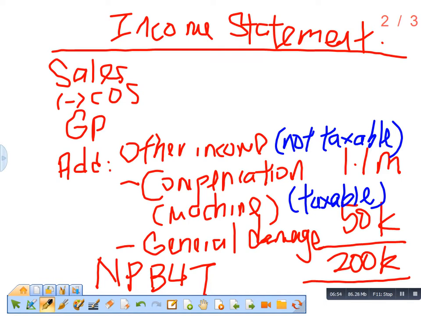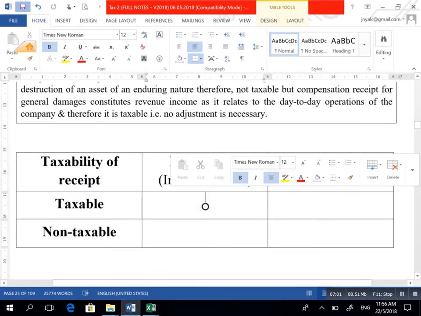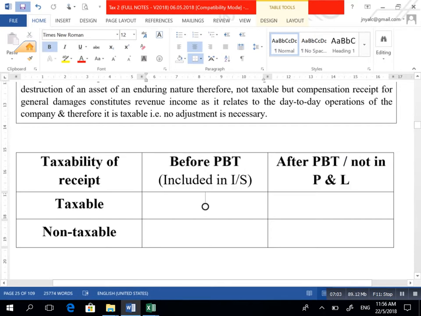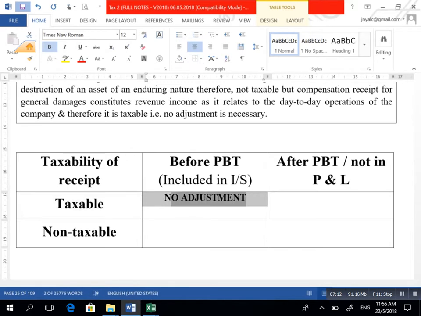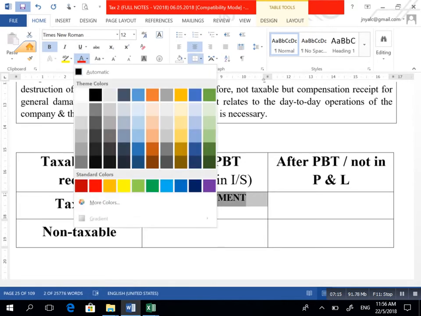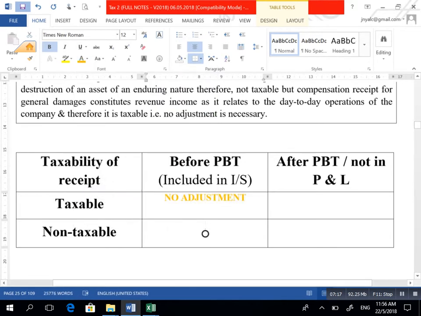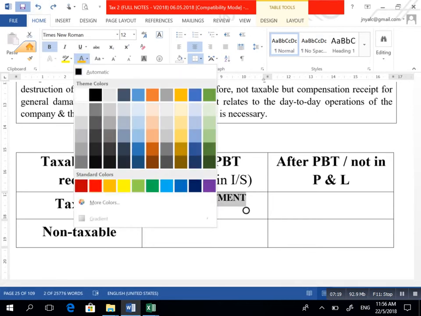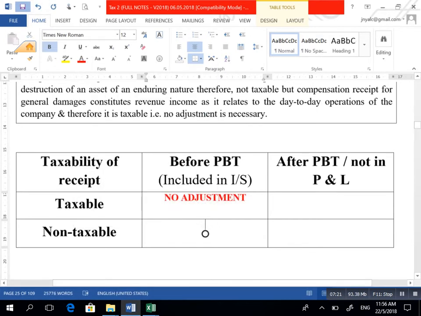Okay, so when this item is already included in your P&L, the first one, if this is a taxable income, so what is your adjustment? No adjustment. Okay, then what if let's say this is a non-taxable income but already included in your income statement?